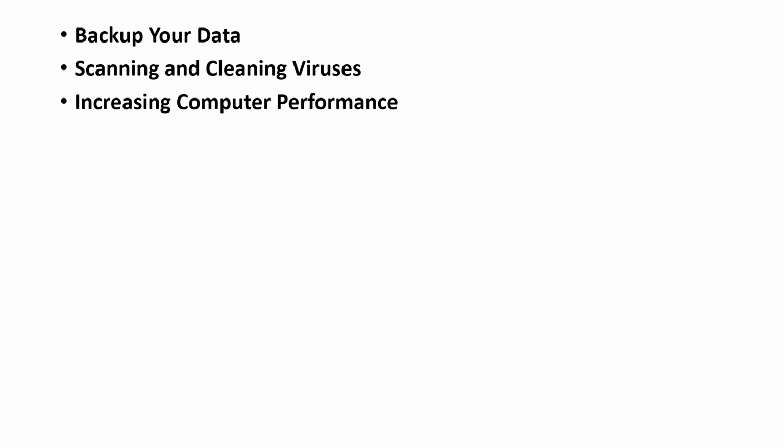Next is increasing computer performance. If we have been using a computer for a long time, we have lots of unnecessary file data such as temporary files and images. When they use too much hard disk space, the performance of the computer goes down. It is important to keep cleaning by removing any extra files.